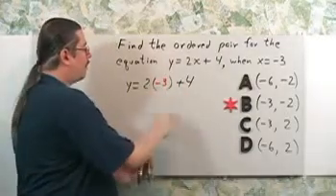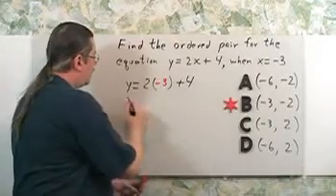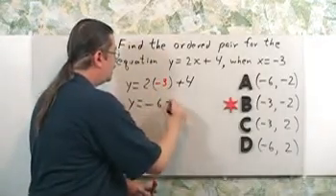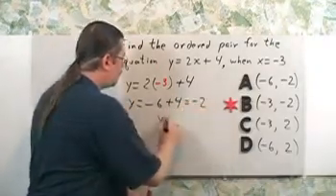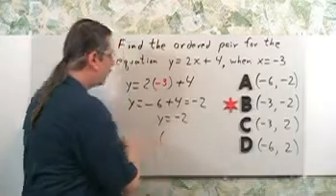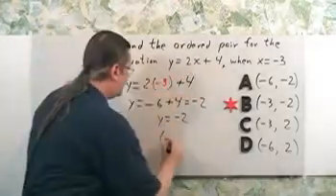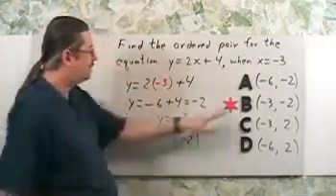Now just perform this operation of numbers here. Y is equal, 2 times negative 3 is negative 6, plus 4 is negative 2. So the y coordinate is negative 2. Our ordered pair is going to be the x and then the y. X is negative 3, y is negative 2. And this is answer B.